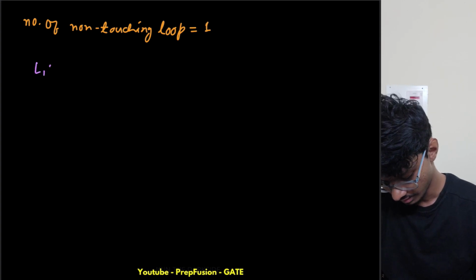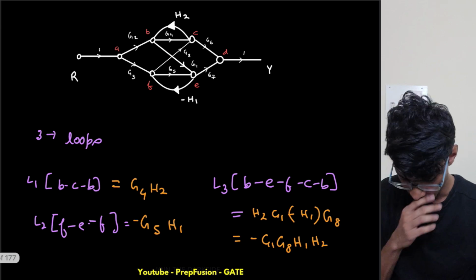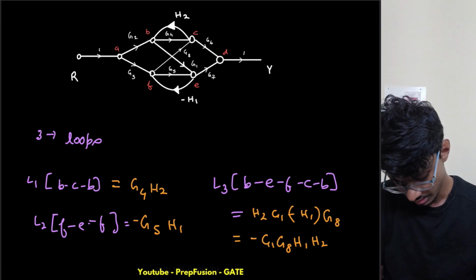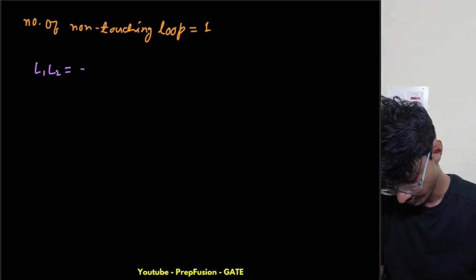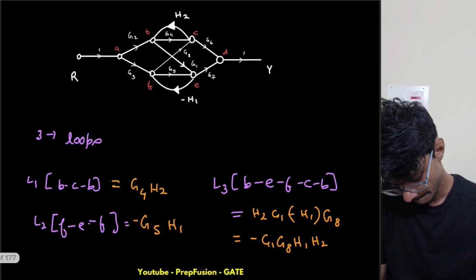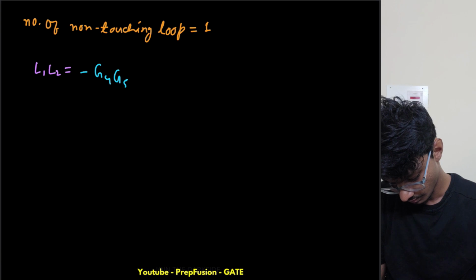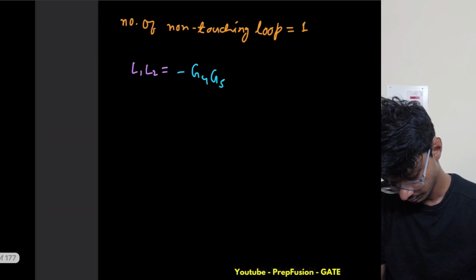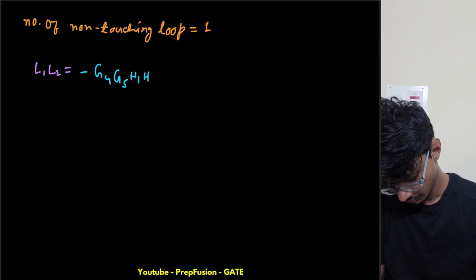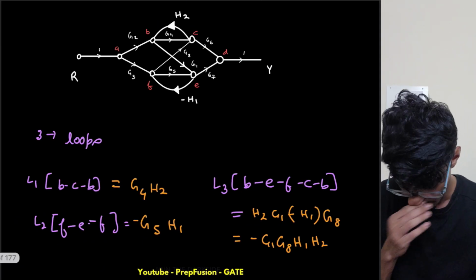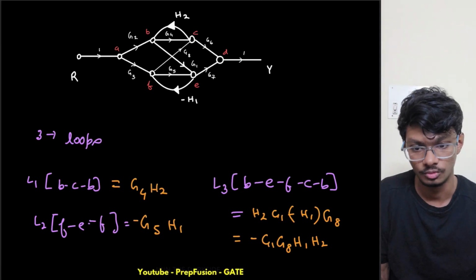So this is L1 L2, which is simply minus G4 G5 H1 H2, right? So this is the loop gain basically.